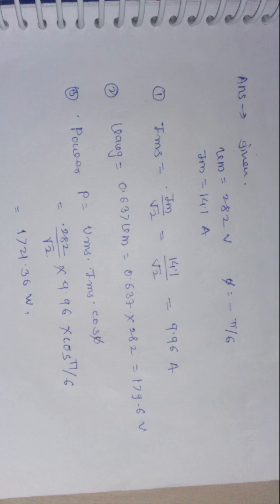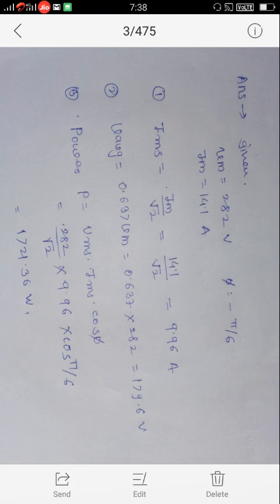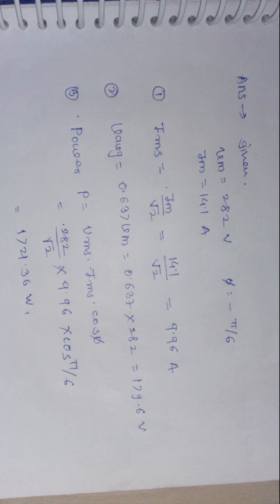Irms we have already calculated in the first part, that is equal to 9.96, and the value of phi is given as pi by 6. Now after multiplication the answer comes 1721.36 watt.